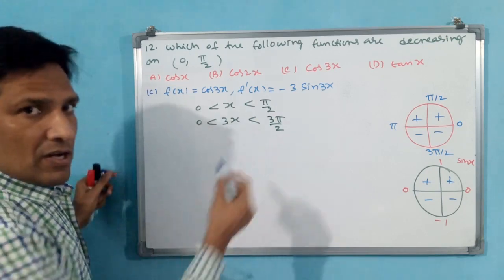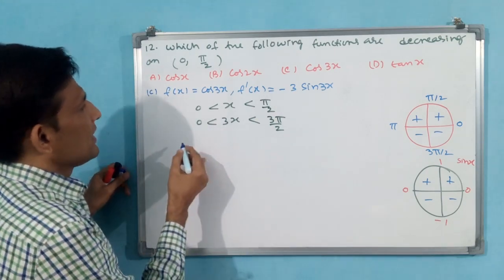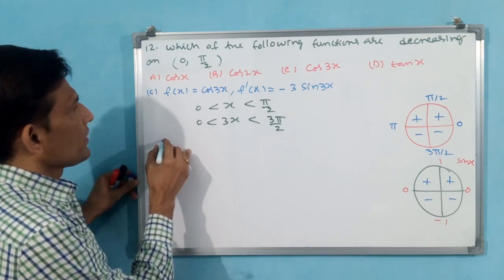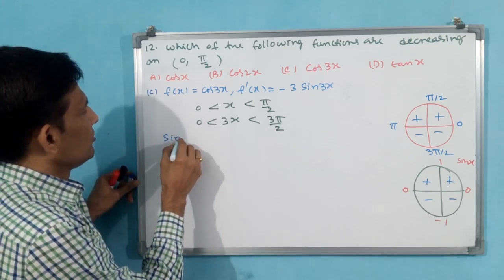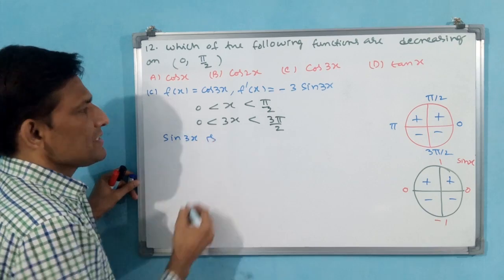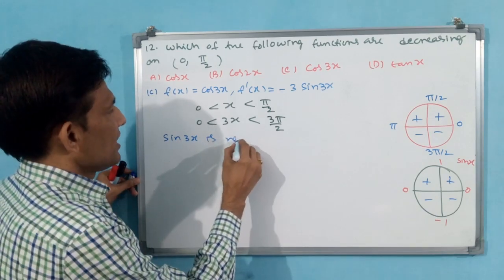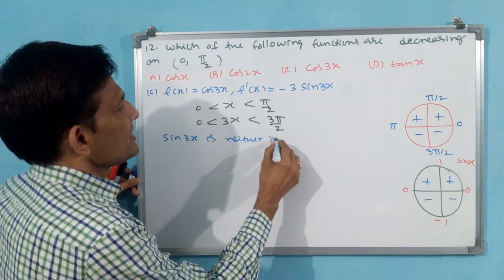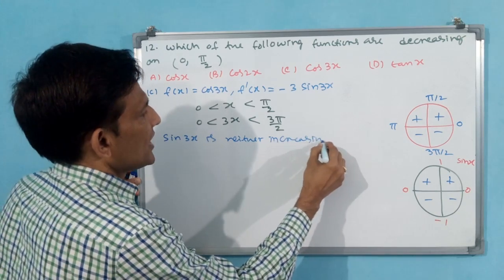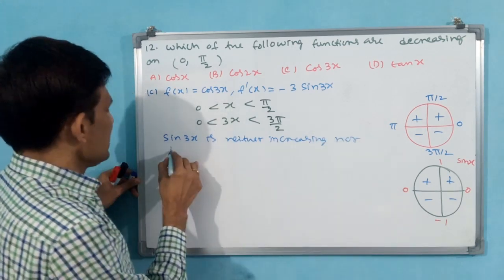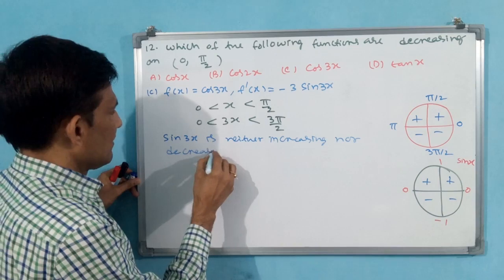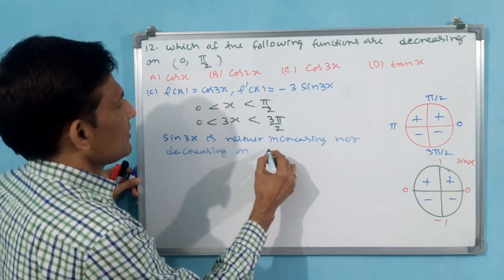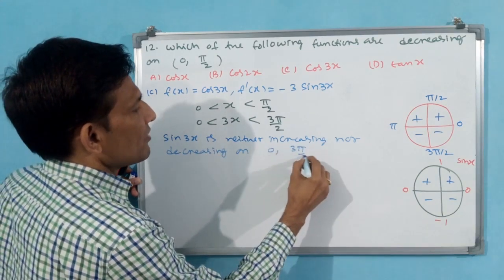Write down this first. Write down this analogy. Because sin 3x is neither increasing nor decreasing on 0 to 3 pi by 2.